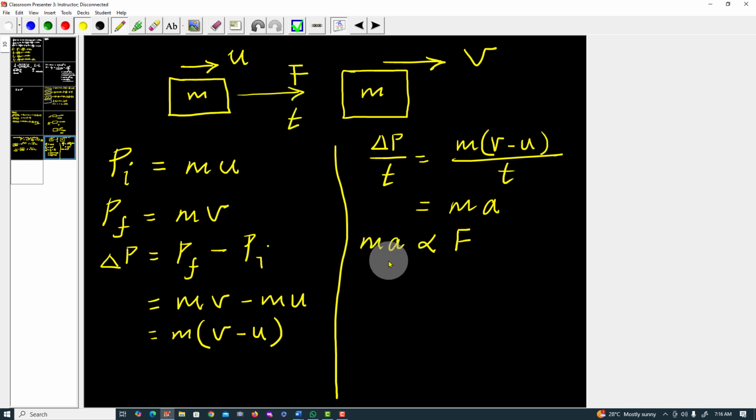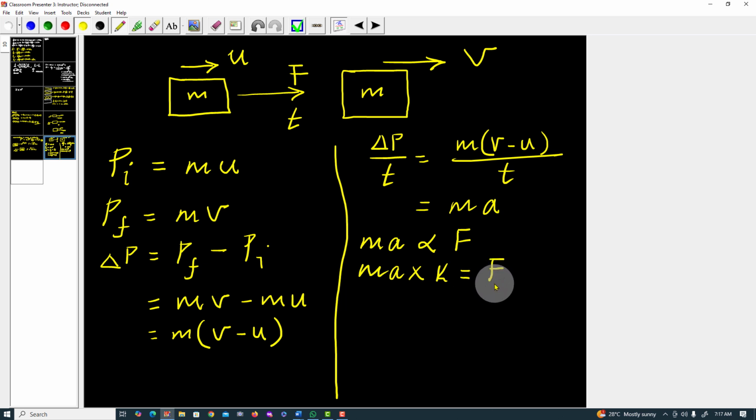The rate of change of momentum of the object is directly proportional to the resultant external force acting on that object, and that rate of change of momentum is in the same direction as the resultant force. So we can say that m a times a certain constant k is going to be equal to F.